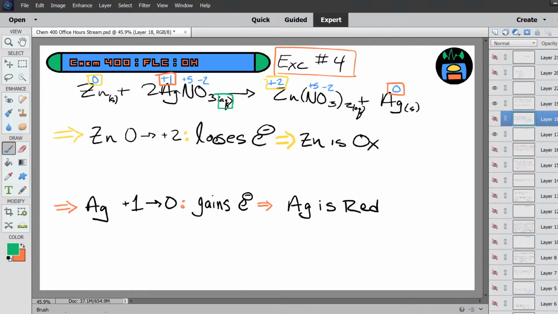Now let's return. So we've determined the substances that are oxidized and reduced.